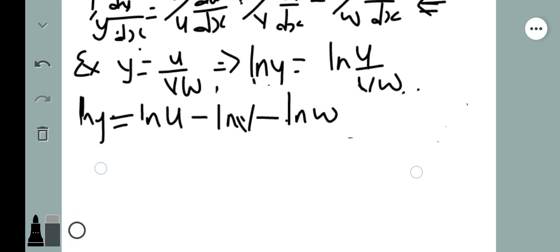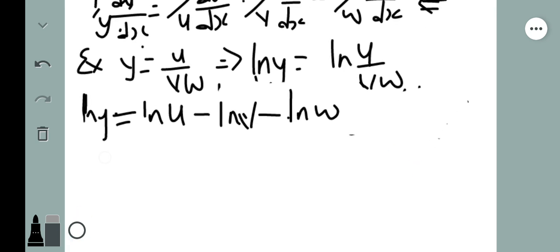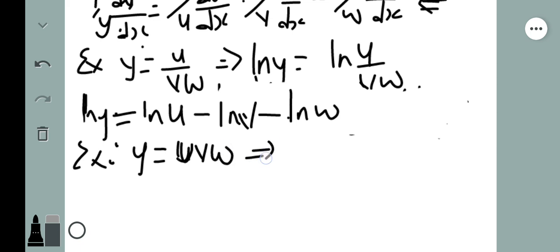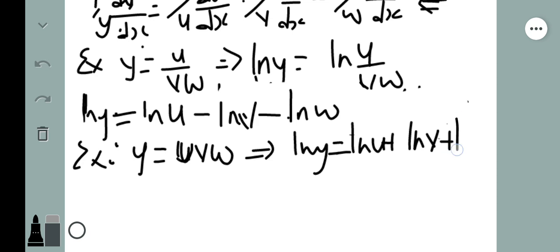And also in the case of when you have three functions like this, the derivative of a product of three functions is still the same thing as having ln y equals ln u plus ln v plus ln w, because I add ln to this side.